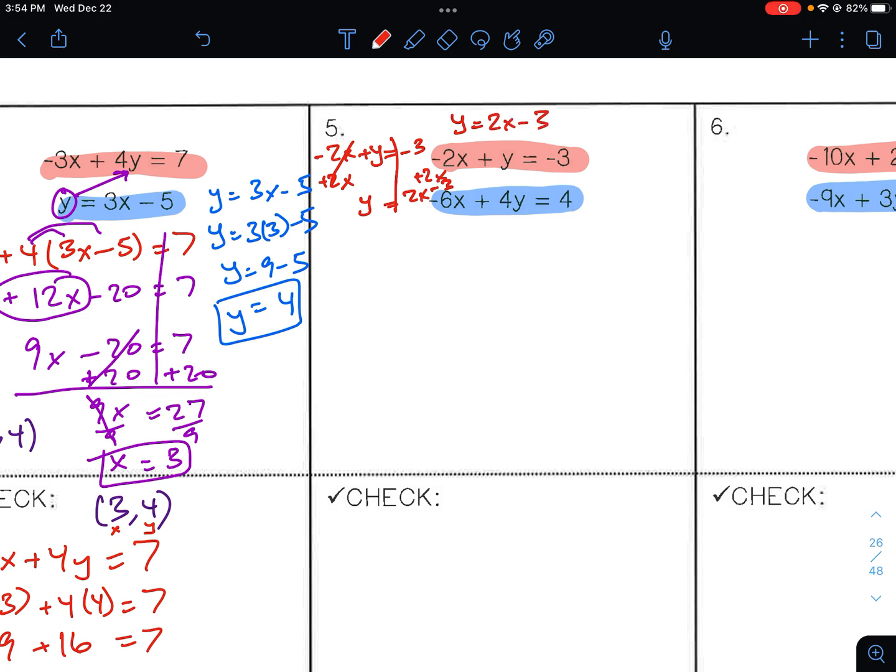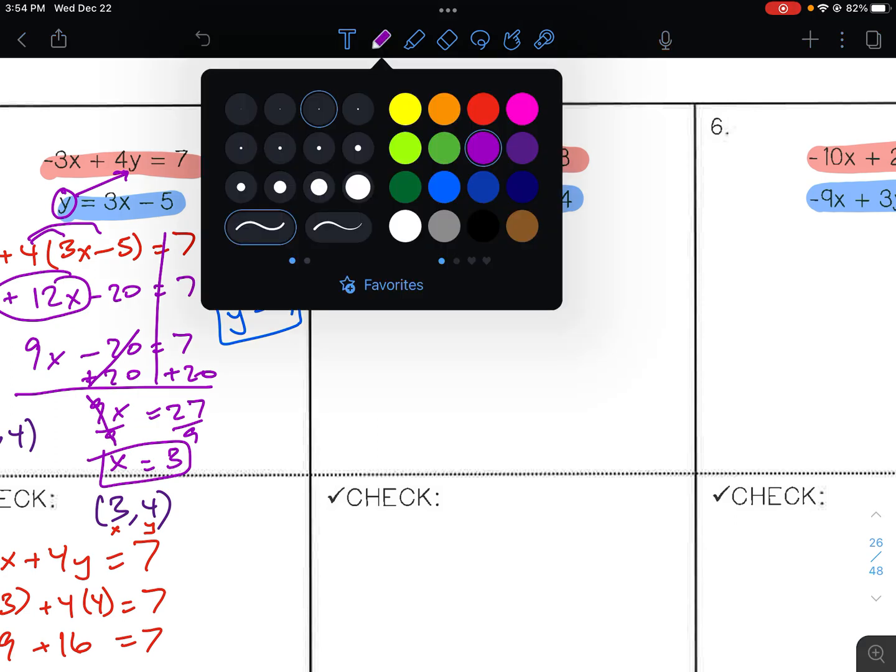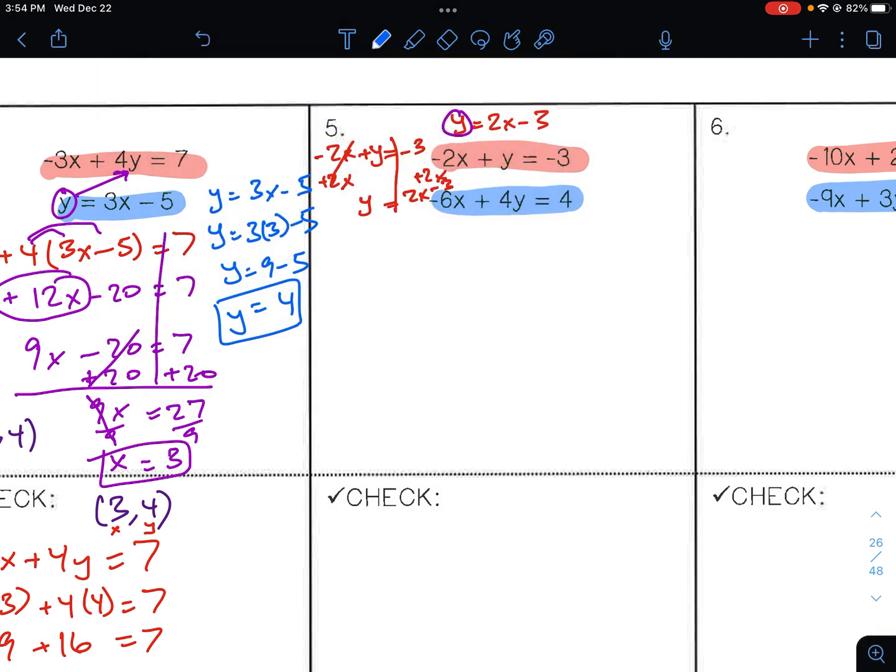All right, now that I know y equals 2x minus 3, I'm going to take that y right here and put it into the blue equation. So you've got negative 6x plus 4y, remember y is 2x minus 3, equals 4.